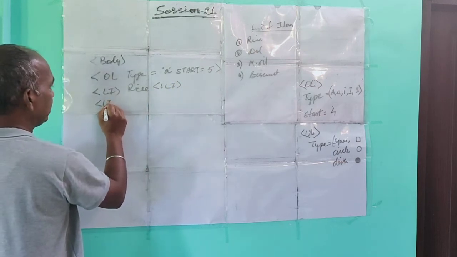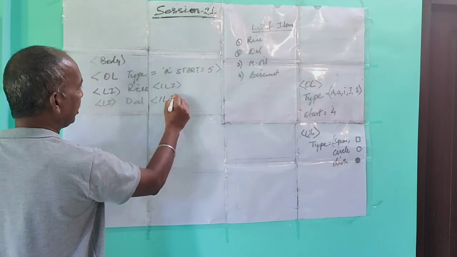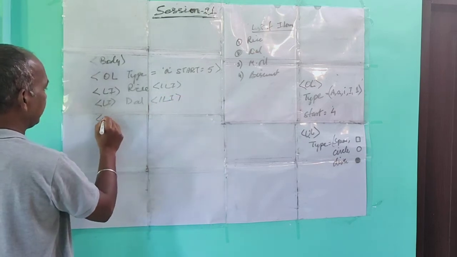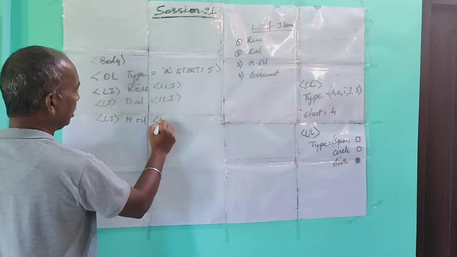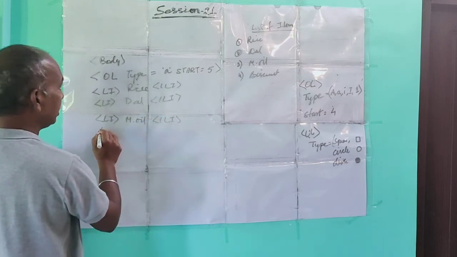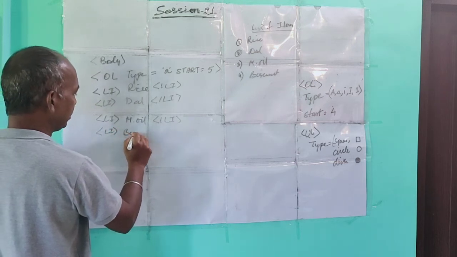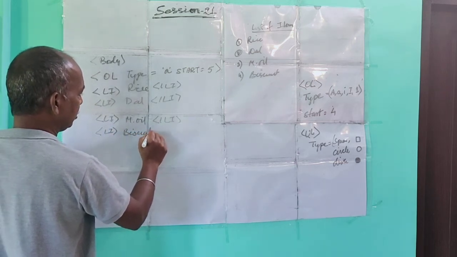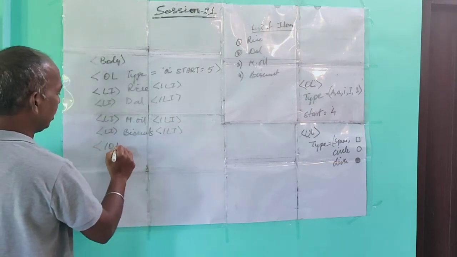Number 2 is dal, li close. Number 3 is oil, li close. Number 5 is biscuits, li close. Then close OL.